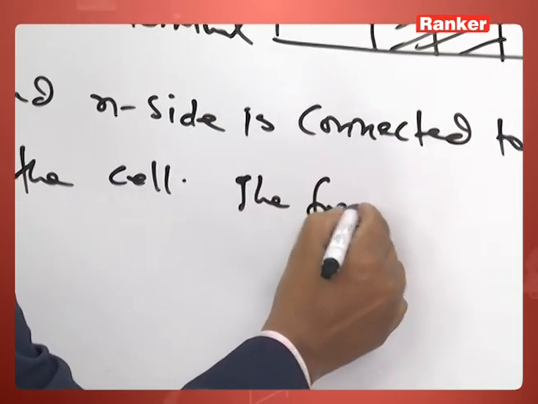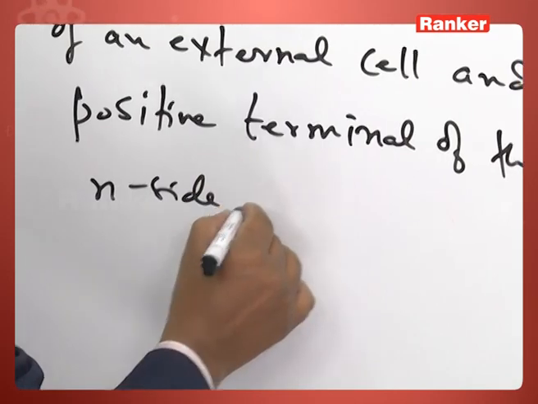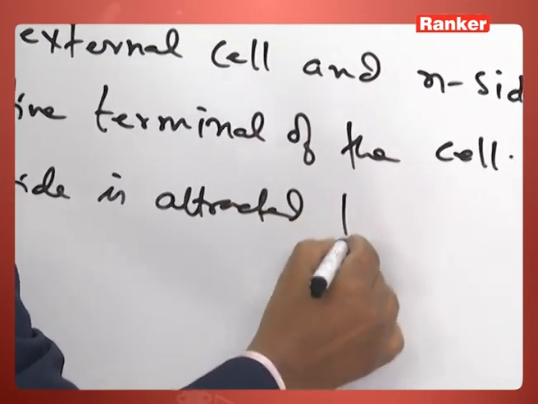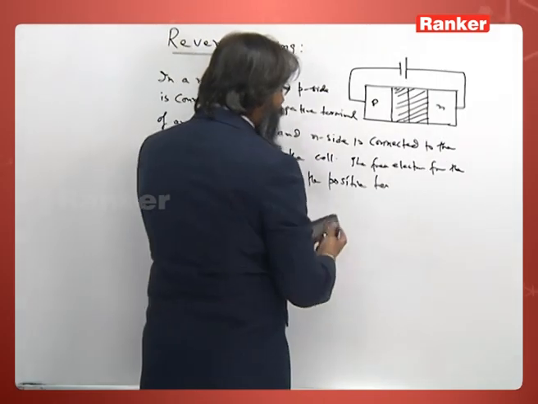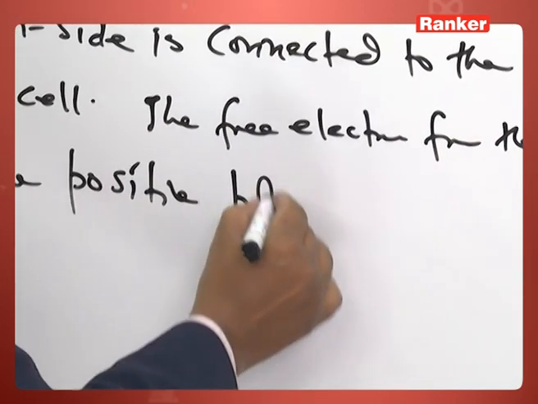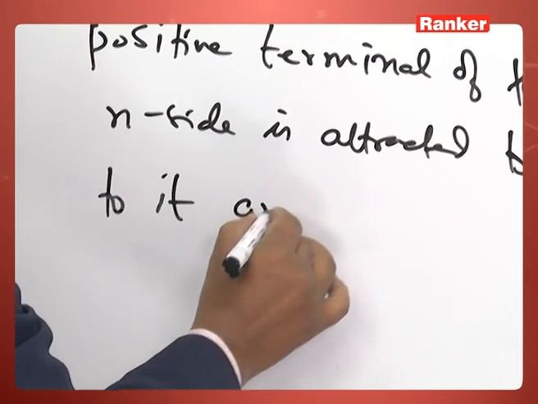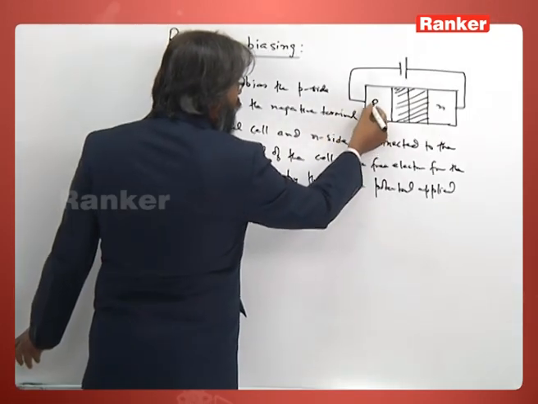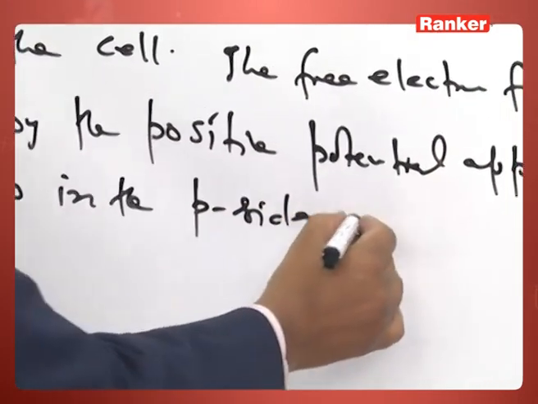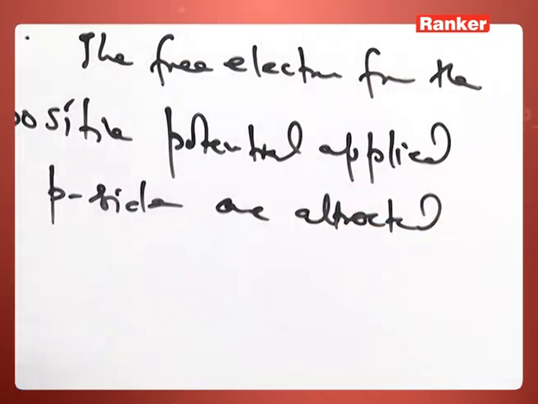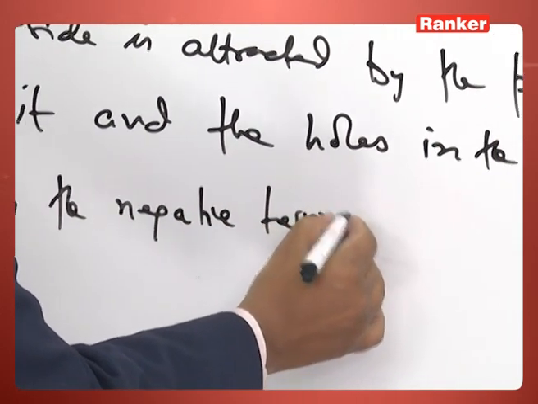The free electrons from the n side are attracted by the positive potential applied to it, and the holes in the p side are attracted towards the negative terminal applied to it.